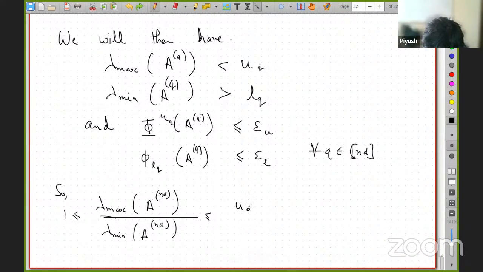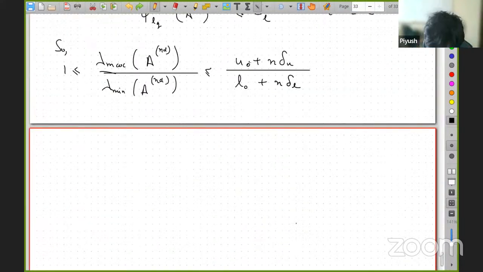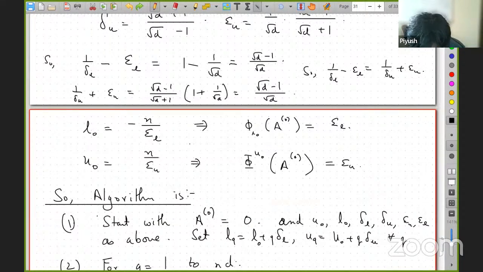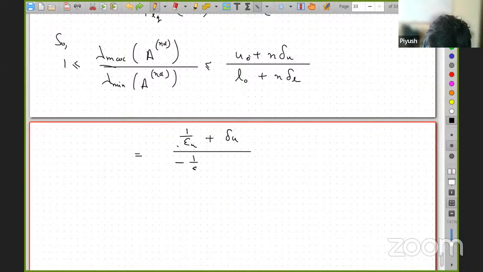It's u0 plus n delta U, 0, which is what? So n over epsilon U. So 1 over epsilon U plus delta U, minus 1 over epsilon L plus delta L.